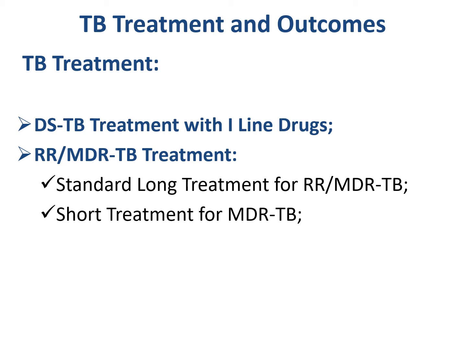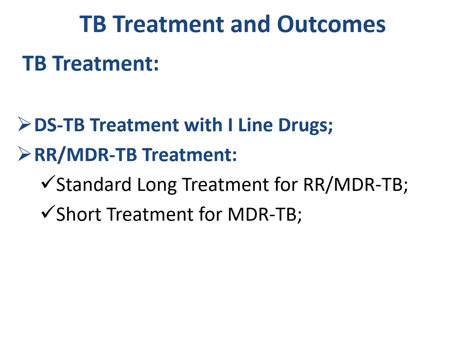Now about TB treatment and outcomes. DS-TB is treated with first-line drugs, and for rifampin-resistant MDR-TB there is a standard long treatment and a short treatment.